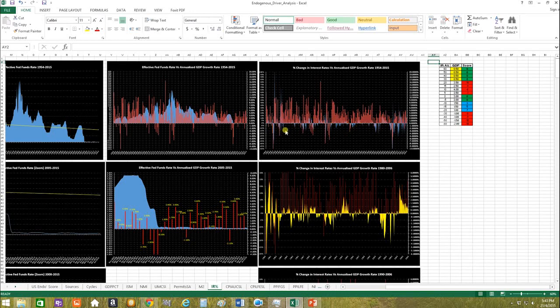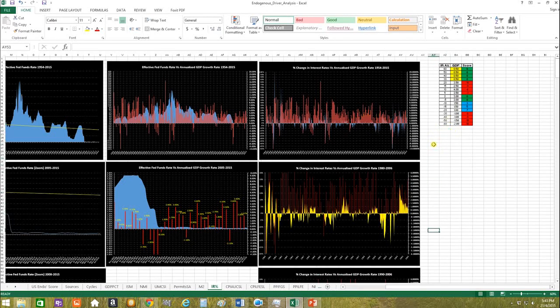We can see that when we get big negative decreases month on month in interest rates, these changes tend to be associated with periods of negative GDP growth. And just for clarity, we see interest rate changes in blue and GDP growth rate changes in red.